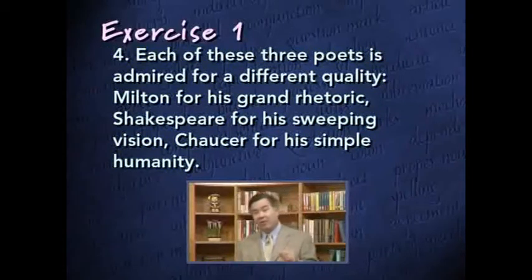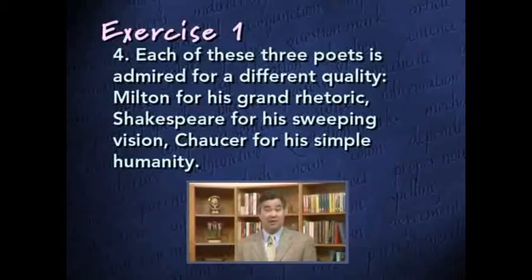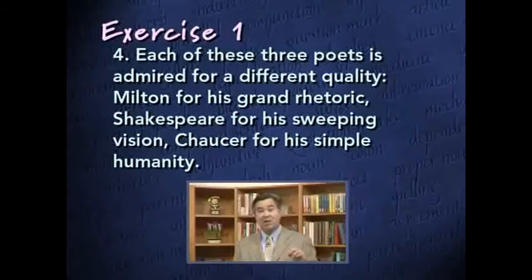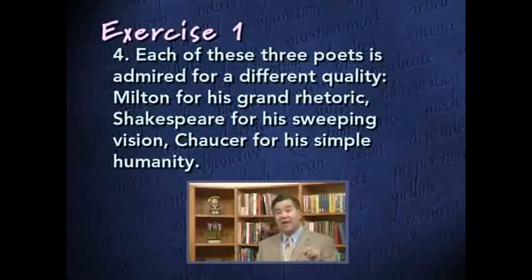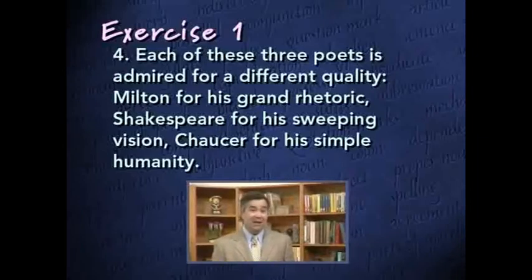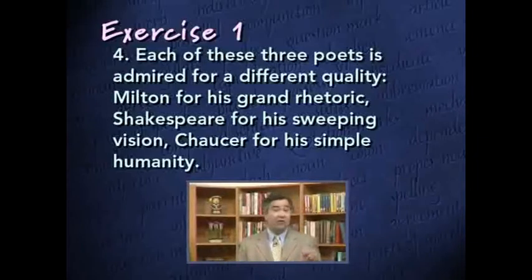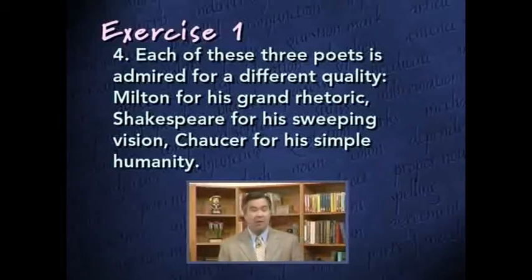Let's take a look at how the writer of this sentence was careful to follow the principle of parallelism. He's listing three poets and the quality for which they are admired. And let's look at how each of these phrases was set up and notice how parallelism was maintained. In each case, the phrase begins with the name of the poet: Milton, Shakespeare, Chaucer.